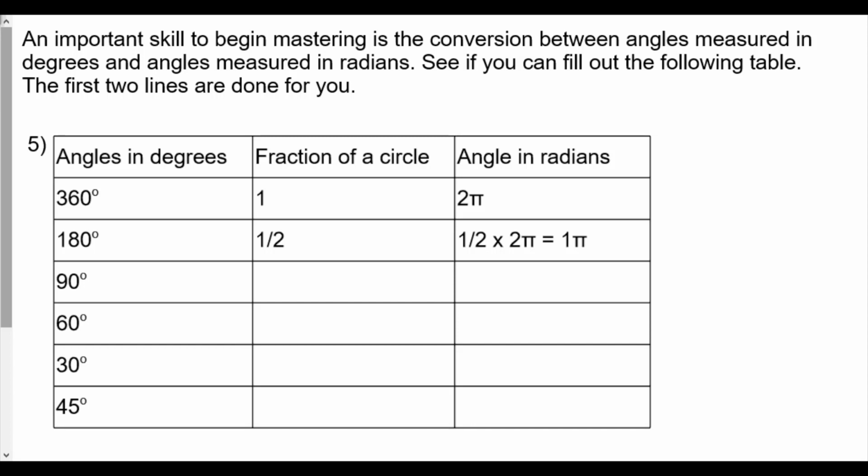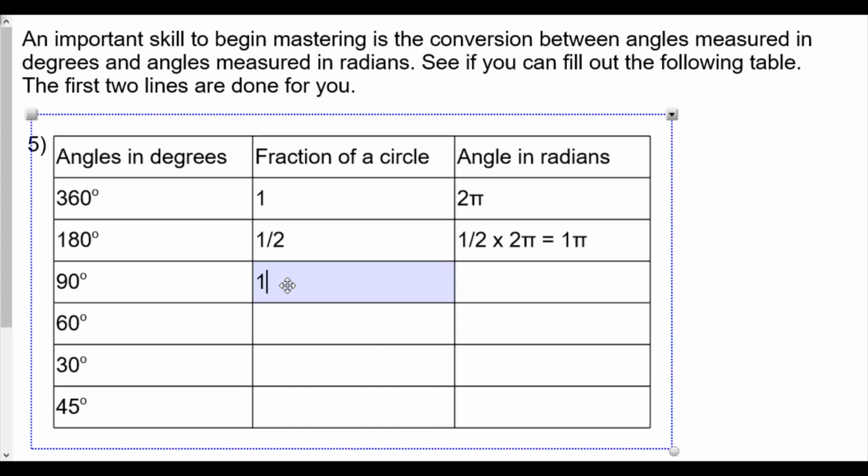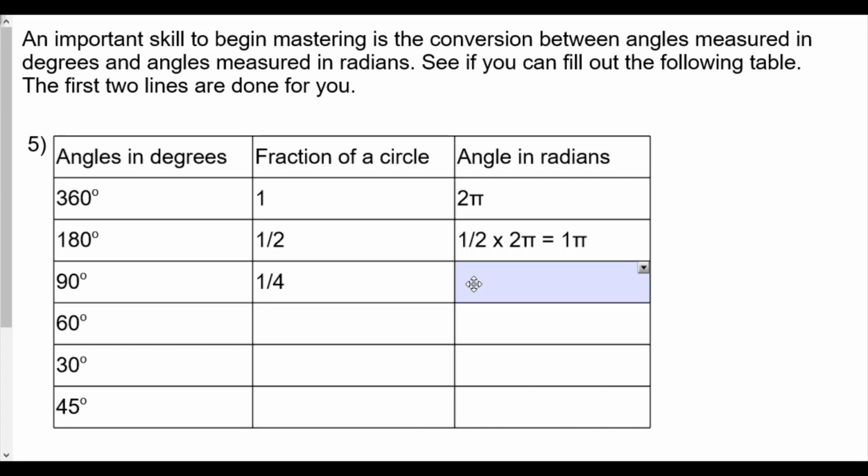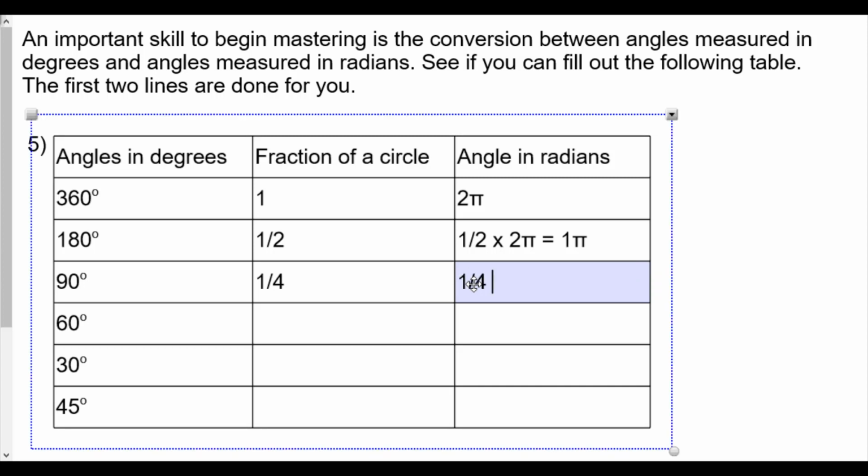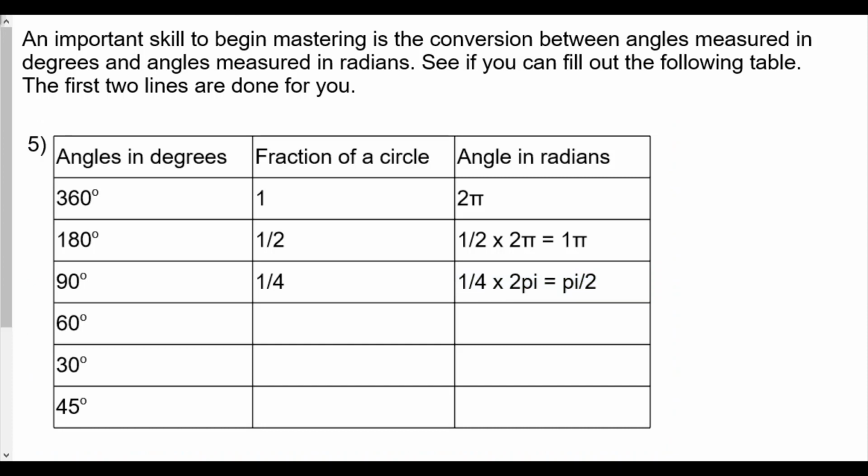Now, 90 degrees is 1/4 of our circle. Therefore, it's 1/4 times 2 pi, and in this case we get pi divided by 2, so pi over 2.